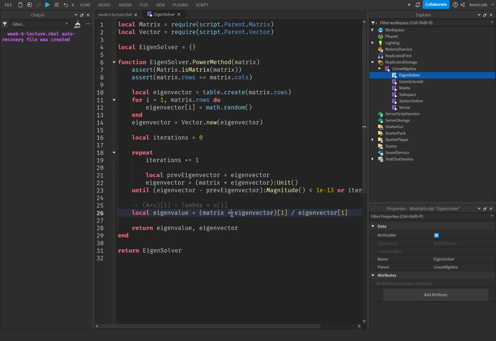So I'm going to construct a matrix whose eigenvalues I already know. And then we're going to feed this into our eigensolver. So let's print linear algebra eigensolver power method, feed in our matrix, and see what we get.